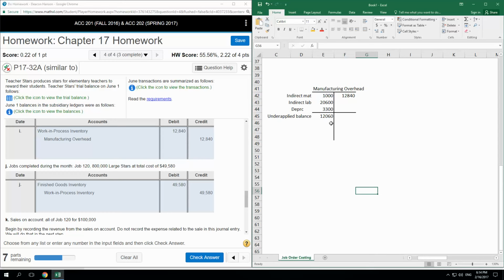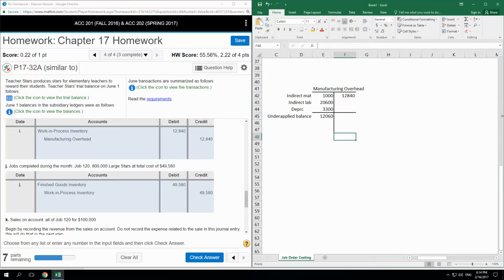To get rid of this, the simple, introductory accounting 202 way is to just charge it to cost of goods sold. We want to wipe this account to zero, which means we have to put a credit in here of $12,060, and the debit goes to cost of goods sold.